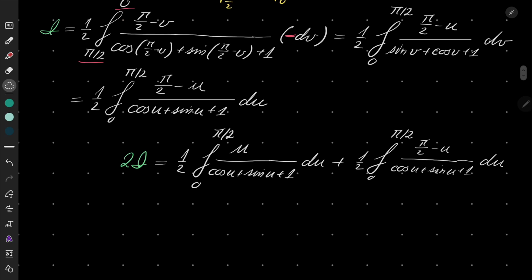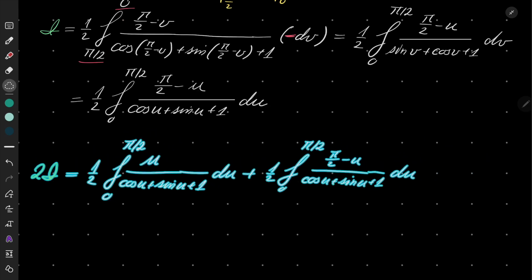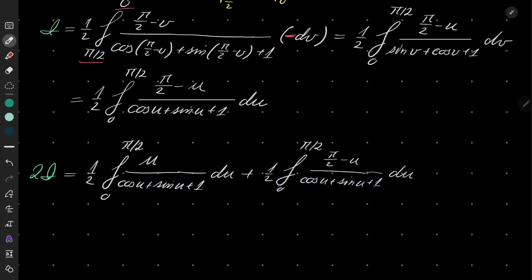If we add these two integrals together, we'll have just one integral, or 1/2, because let's take a look. We have 1/2, and pi over 2, so it's pi over 4.